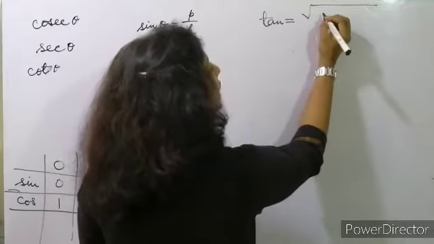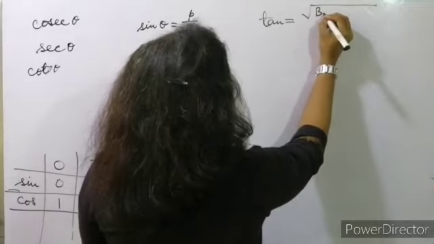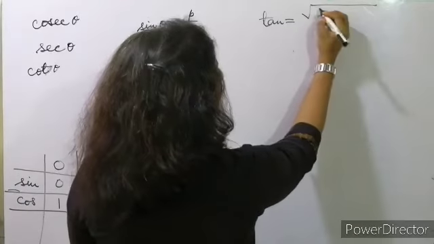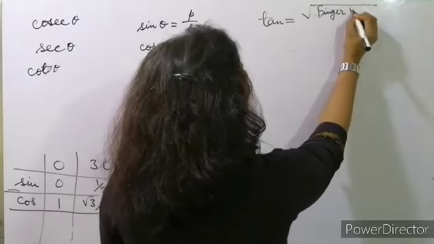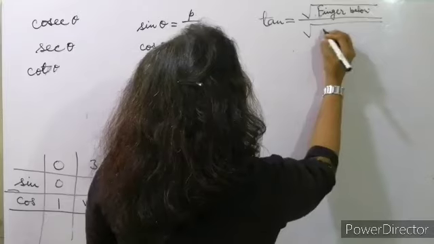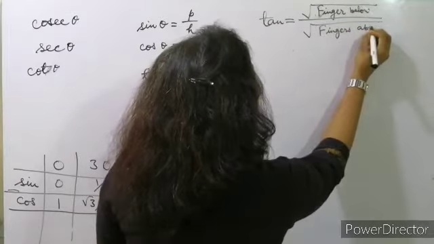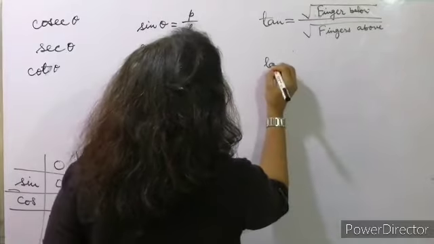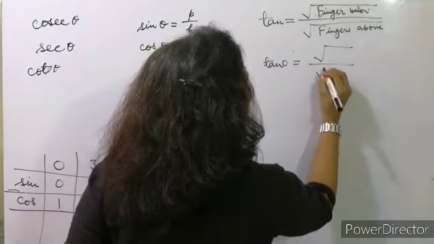Square root of the number of fingers below, divided by root under the fingers above. So tan 0, root under something upon root under something.